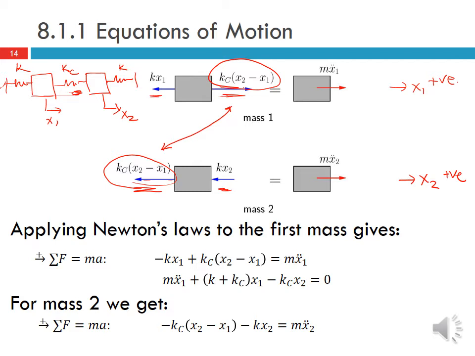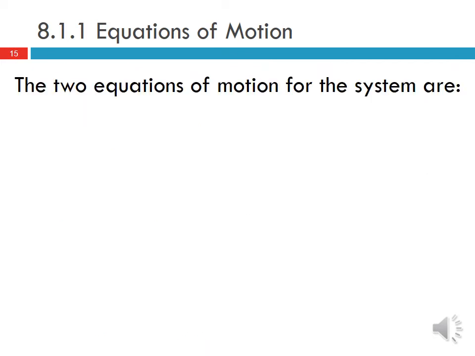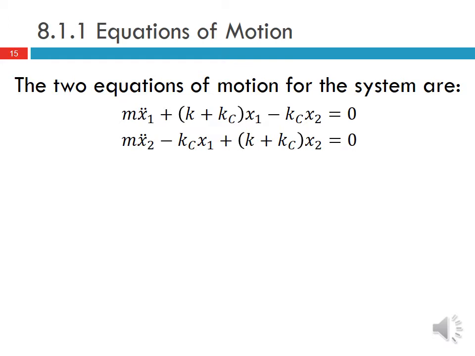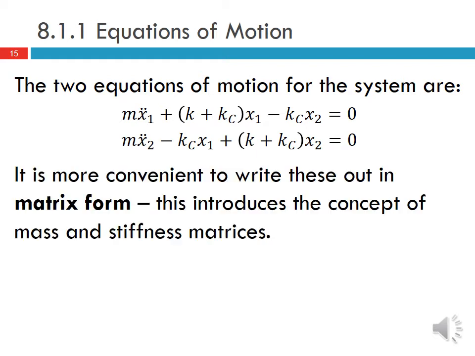We get minus kc times (x2 minus x1) minus k x2 is equal to m x2 double dot, which we can rearrange as shown here. So the two equations of motion for the system are m x1 double dot plus kc x1 minus kc x2 equals 0, and m x2 double dot minus kc x1 plus (k plus kc) x2 is equal to 0.